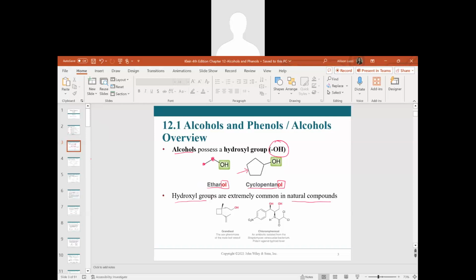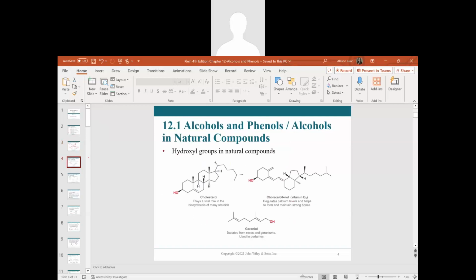So we have some natural compounds given down here. We have this sex pheromone from a male boll weevil with a hydroxyl group, shown over here. We have some isolated compounds from bacterium as well. A variety of alcohol compounds are in our own bodies as well.